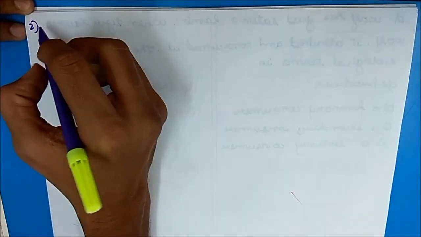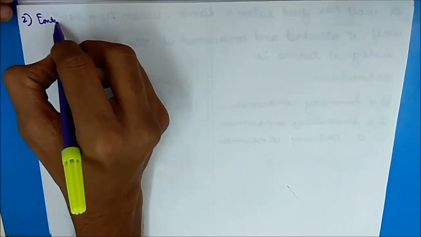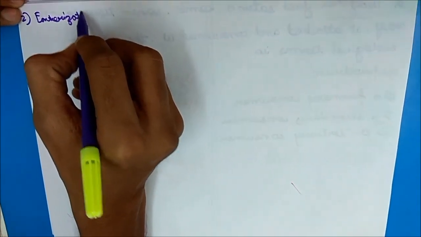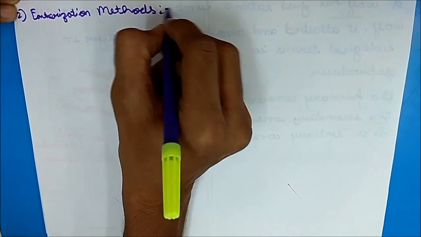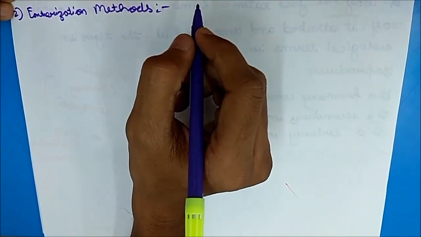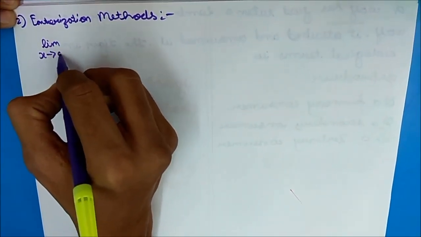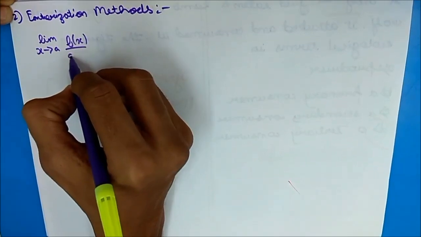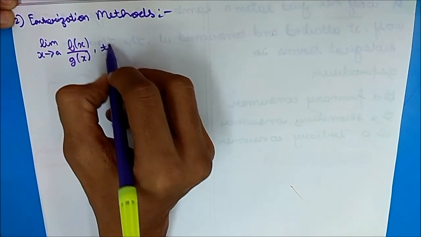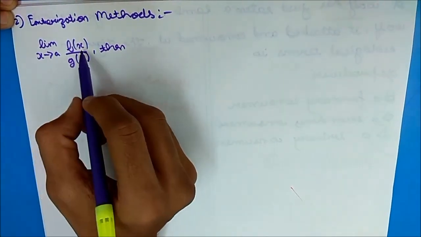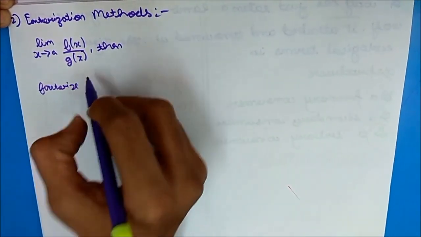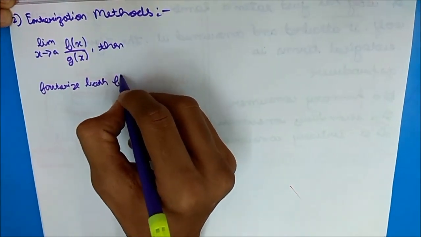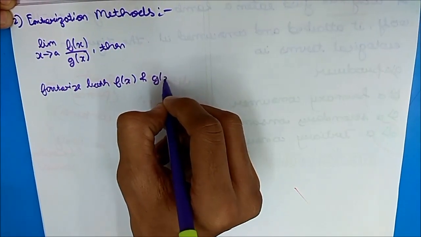The second method is the factorization method. Consider the limit of type limit x tends to a, f of x upon g of x. Then the procedure is we have to factorize both f of x and g of x.